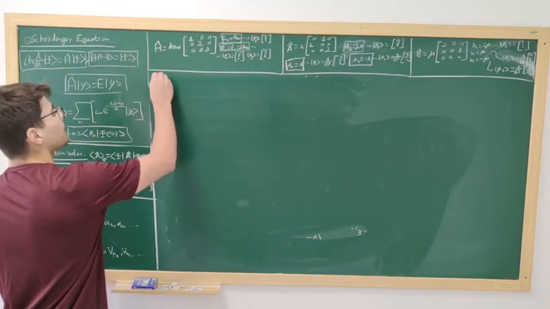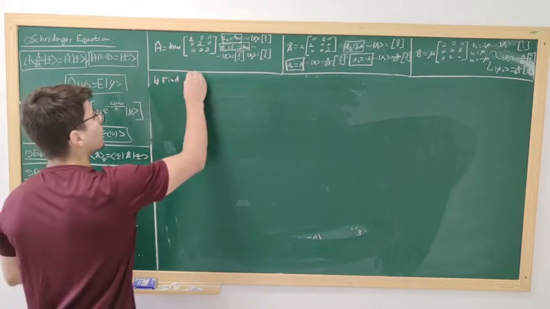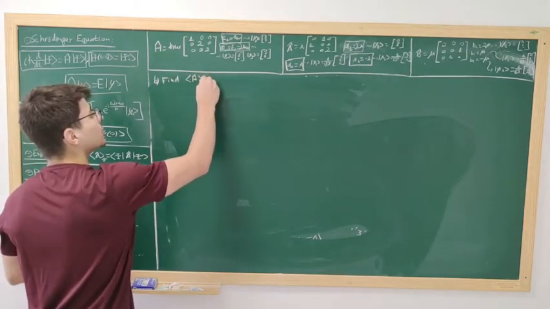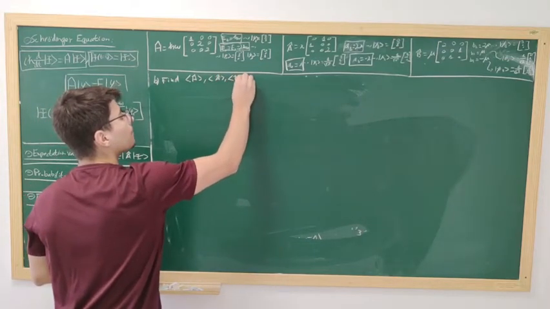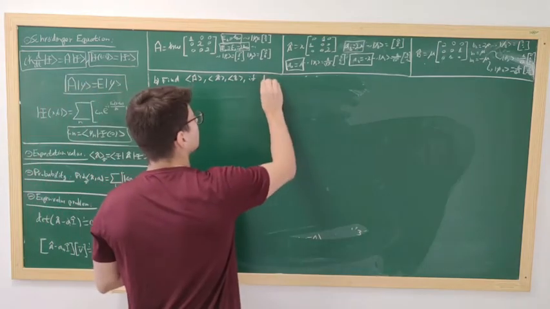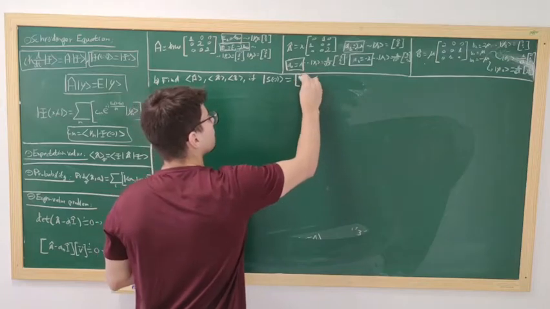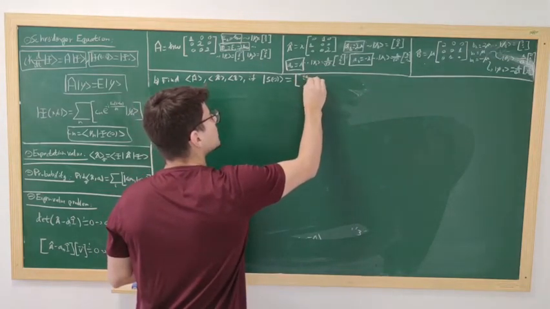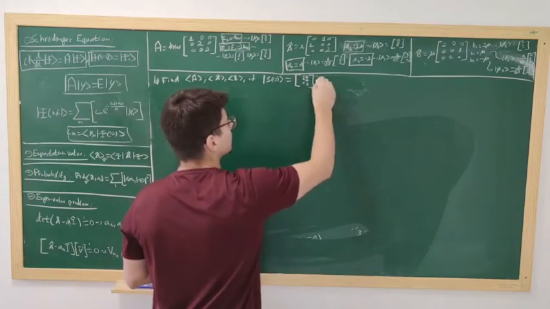So this is the first part of our problem. We want to find the expectation values of H, A, and B if we have a state which we will call S at time equals 0, given by C1, C2, and C3.